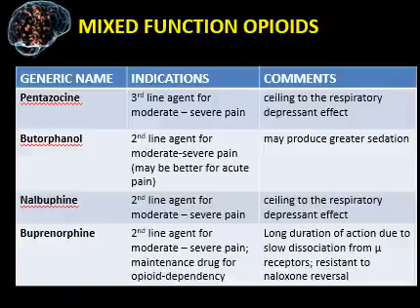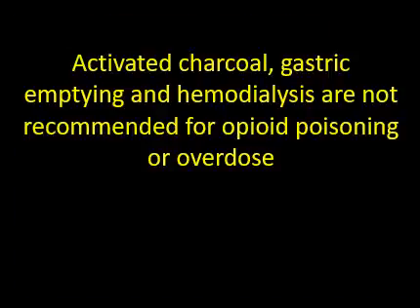That's really the best choice. Some people have looked at activated charcoal, altering gastric emptying, hemodialysis. None of these are really recommended for an opioid patient who is poisoned or has overdosed. None of these things have really worked. By far, the best thing is naloxone.